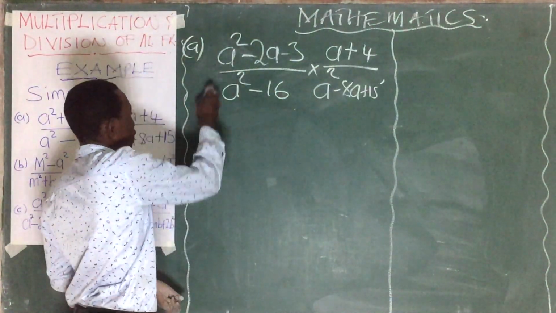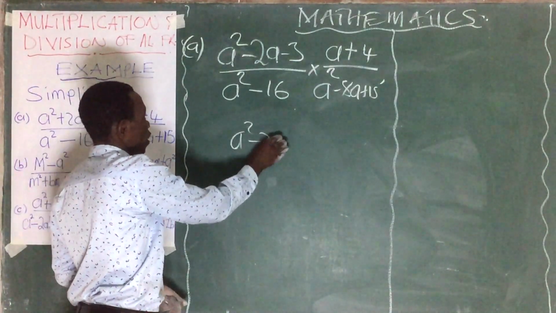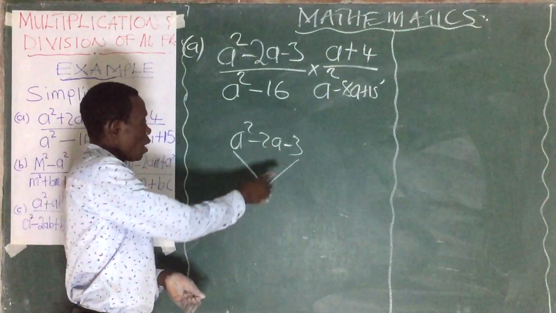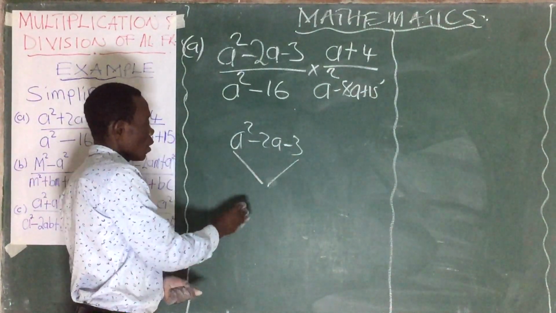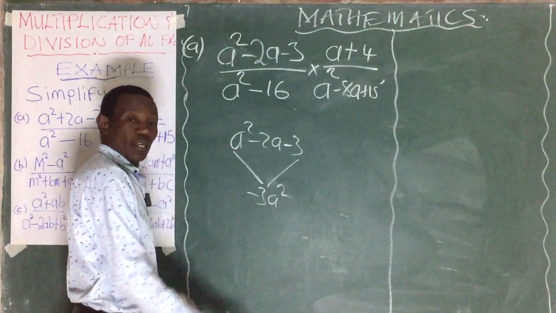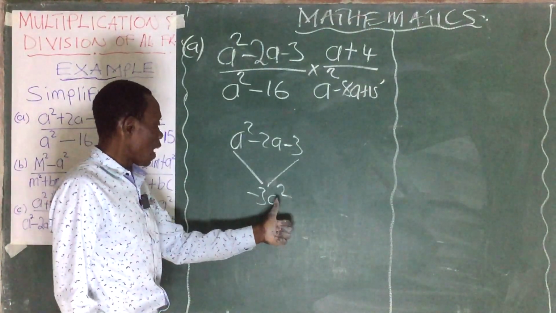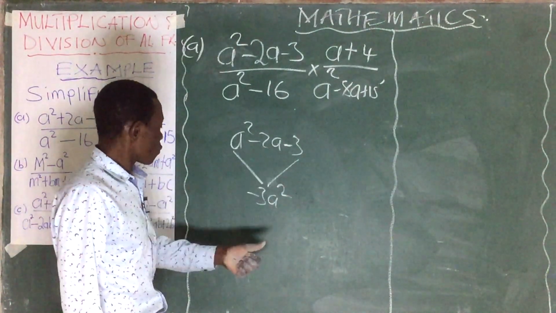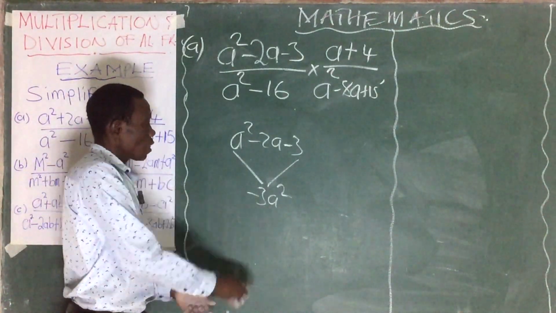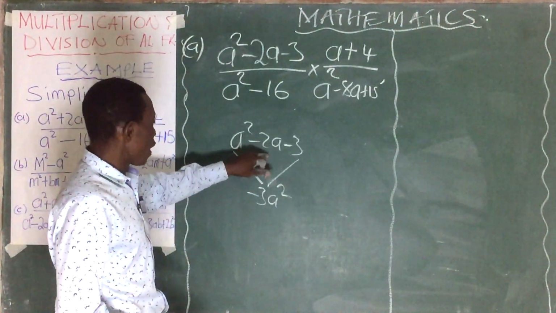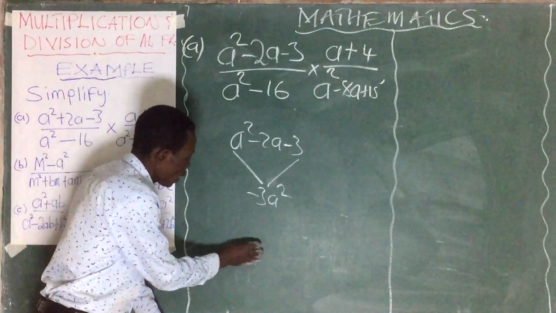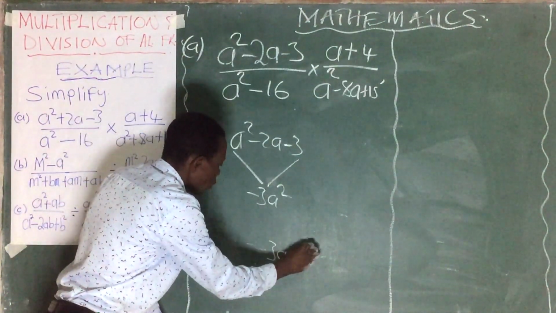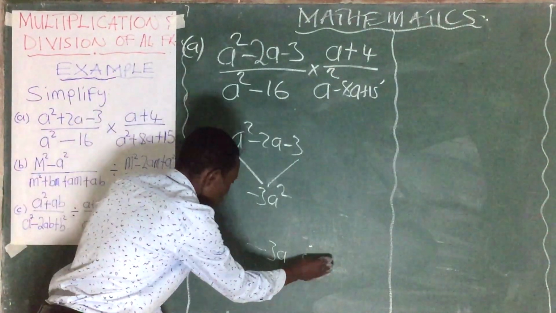So if I consider a squared minus 2a minus 3, we take a squared multiplied by the constant negative 3, to get negative 3a squared. Then look for the factors of negative 3a squared that can give you negative 2a. You find that the factors that can give you negative 2a are negative 3a and positive a.